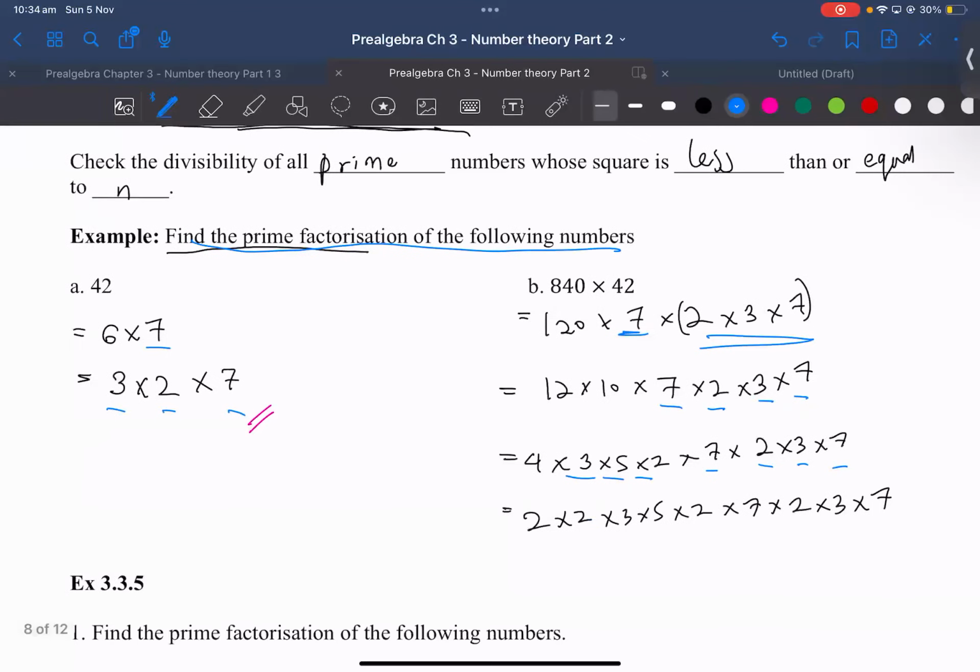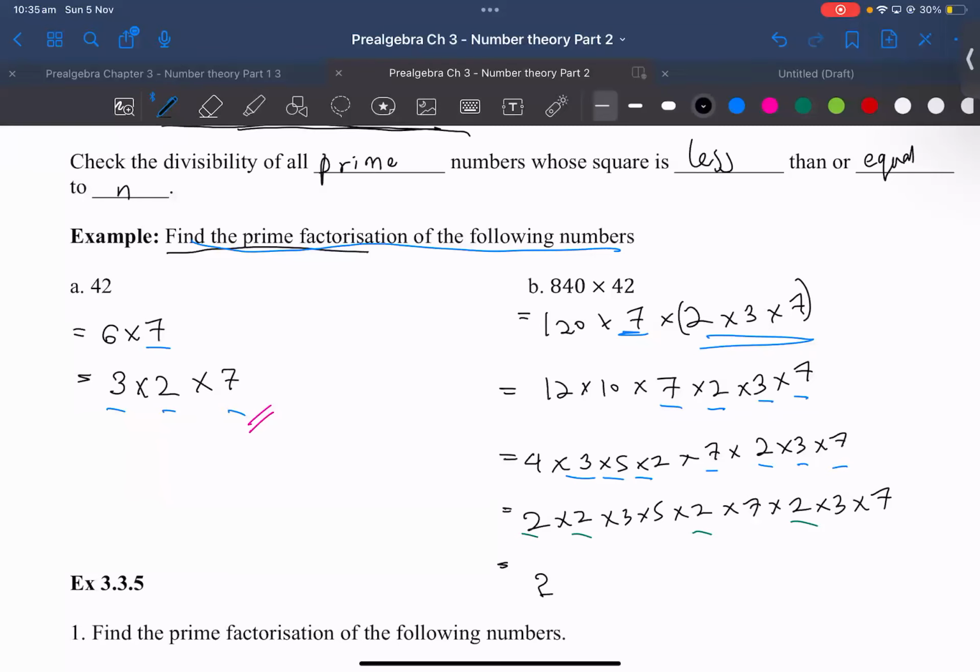But what we can do is make it nicer. How many 2s are there? 1, 2, 3, 4. So we can write this as 2 to the power of 4, because it's multiplication, not adding them up. Very good, Oliver.